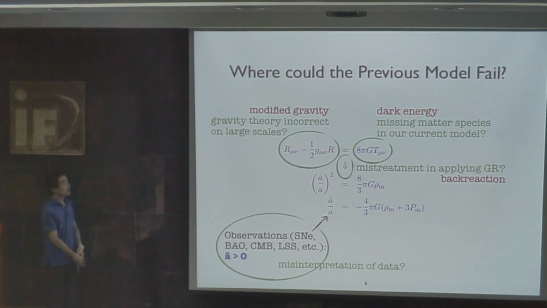So there are various possibilities where the previous cosmological model was wrong, because it couldn't explain observations. And from a very fundamental level, it could be that we are interpreting the observational data incorrectly. And this is not a very popular possibility, of course, but I wouldn't rule it out. For example, one of the earliest evidences of the cosmic acceleration is that distant supernovae, if you look at them, they are dimmer, of course, because they are further from us.